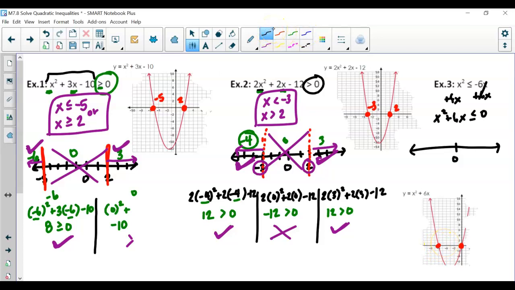So 0 is actually one of our solutions, and it's less than or equal to 0, so solid line, because we're including 0 now. So again, 1, 2, 3, and then negative 6. So 1, 2, 3, 4, 5, 6. So negative 6 is our other solution to divide.